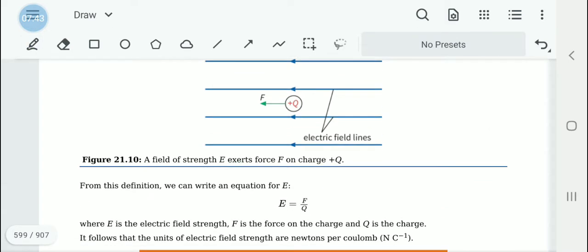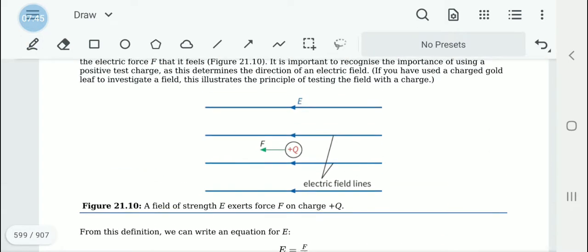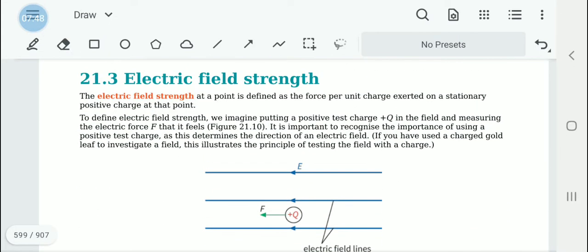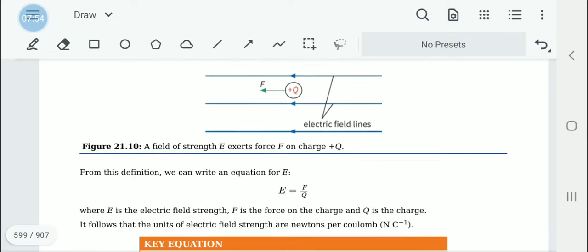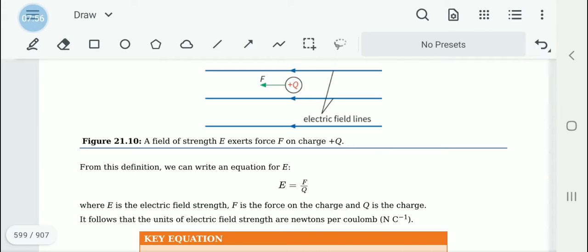Now from the definition, force per unit charge exerted on a stationary positive charge at that point, we can write an equation for E. E equals F upon Q. E is the electric field strength, we have met that earlier.